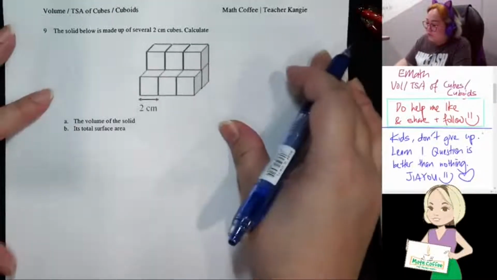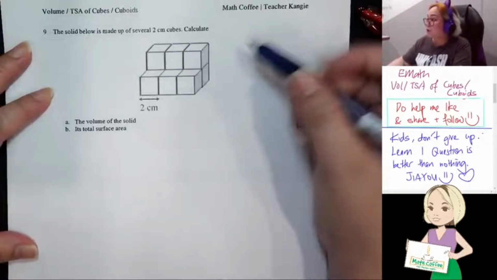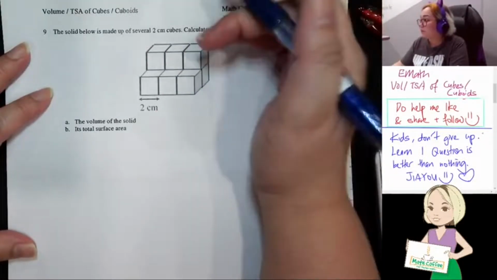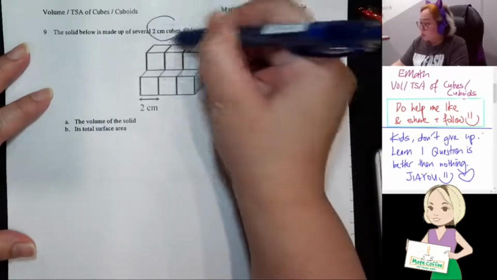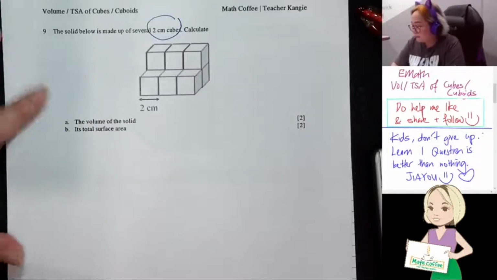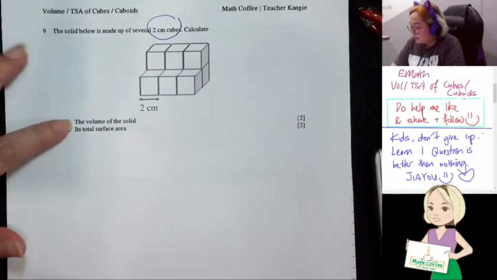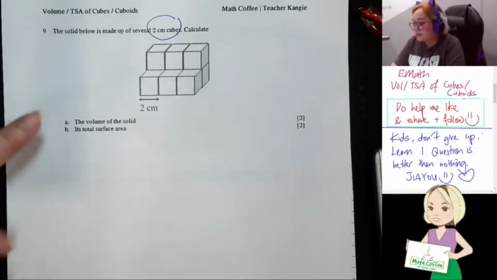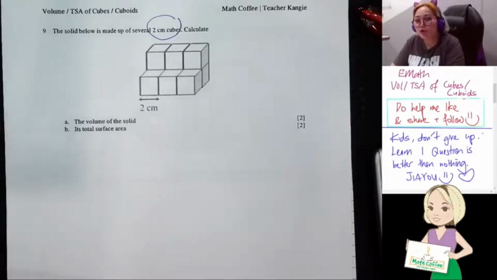Okay, come. The solid below is made up of several 2 cm cubes. Calculate the volume of the solid. In this situation, we cannot use how we do our volume of cubes or volume of cuboids.